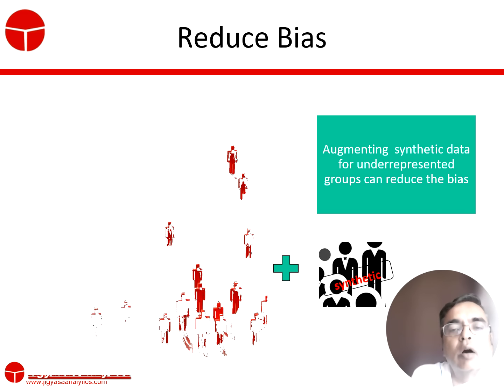Now, what if we instead also tried synthetic data? So we could use the underrepresented group to create synthetic data similar to this group, and then augment the sample with this synthetic data, leading to a model with lower bias.